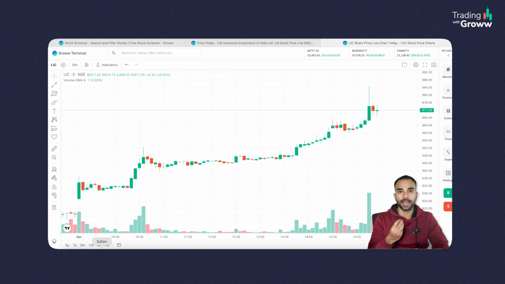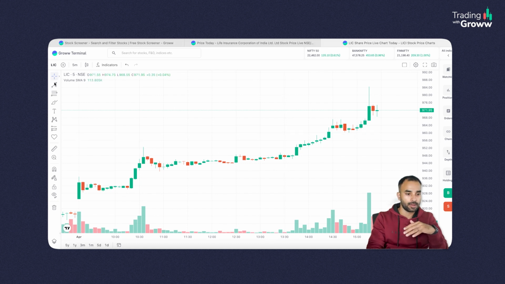Instead, wait for the right opportunity, and when the opportunity emerges, then get into a trade. For example, the chart that you're seeing is the 5 minutes chart of LIC stock. As a day trader, I can wait for the first 15 minutes for the market to establish a range, and once that range is broken, I can get into a trade.